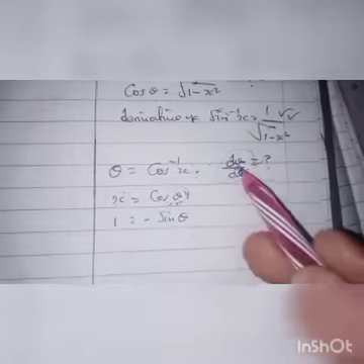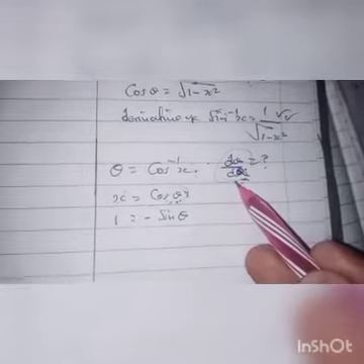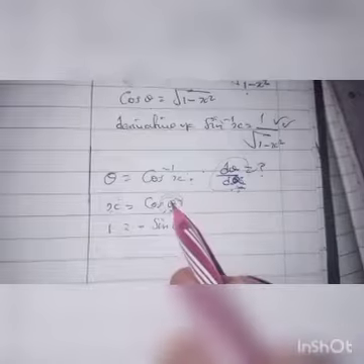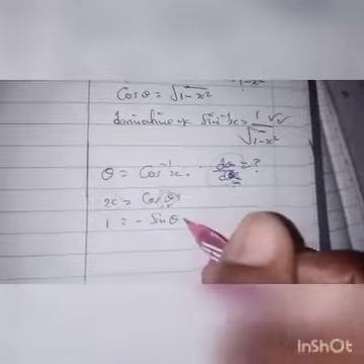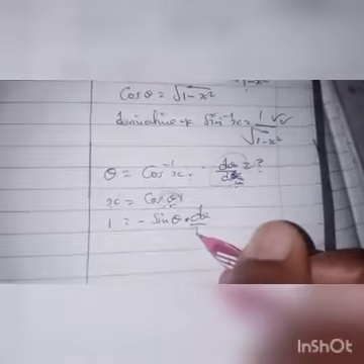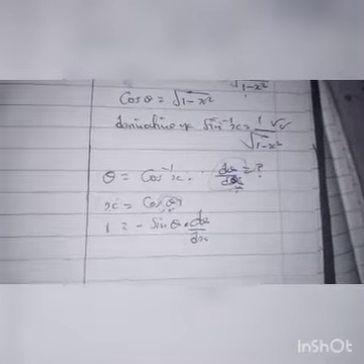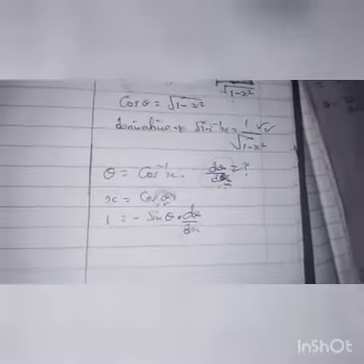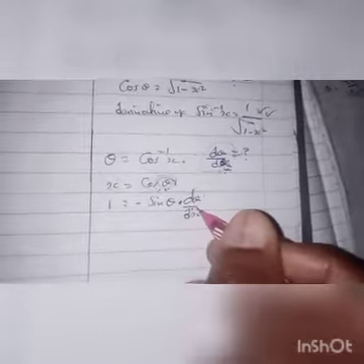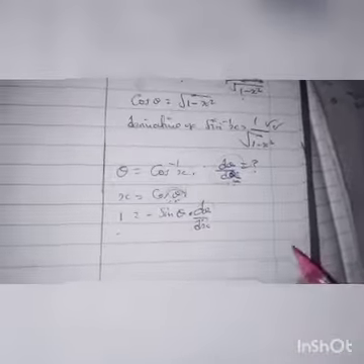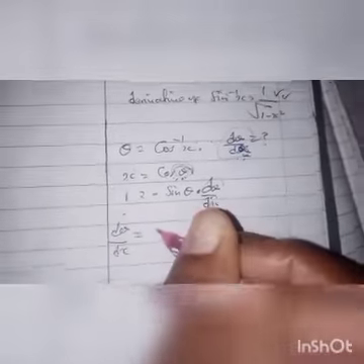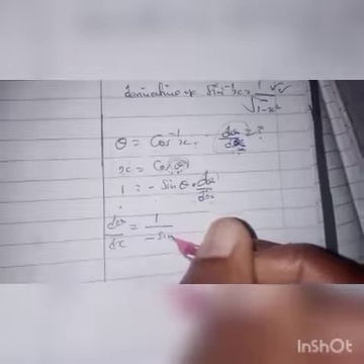We had to differentiate with respect to x, but looking at this one, it was not x, meaning we have to retain d theta dx, to show that we have differentiated in terms of x, but it's not x itself. Let's write now. Dividing by negative sine theta, d theta over dx is just 1 over negative sine theta.